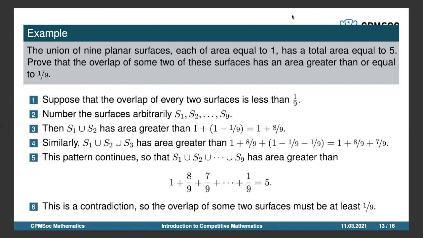Somebody's asking, first of all, why is this not just the pigeonhole principle? And second of all, why would you apply proof by contradiction in particular to this question?